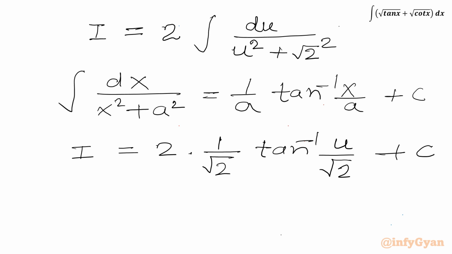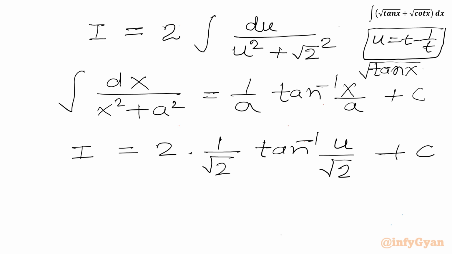Now our value u was t minus 1 over t and tan x, or better is to write root tan x is equal to t. Tan x is equal to t square. So root tan x is equal to t. Okay, so here I can cancel these two and this will be root 2 only.